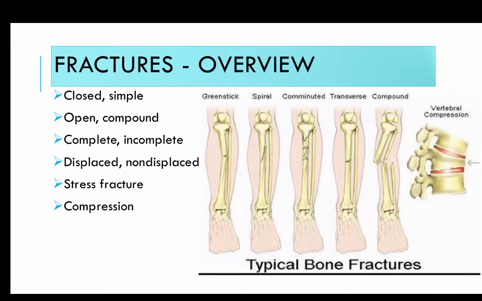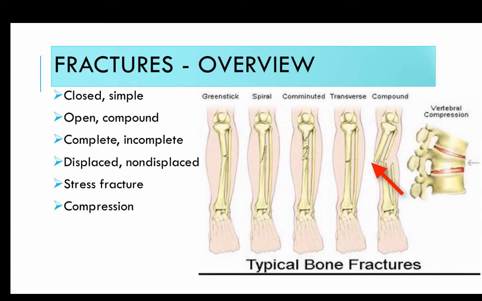You can have an open fracture where the bone is actually, if you look on the far right there, just before the vertebral compression fracture, that's a compound or open fracture, where the bone is actually sticking through the skin. That's a problem, okay, because that increases risk for infection and other complications.